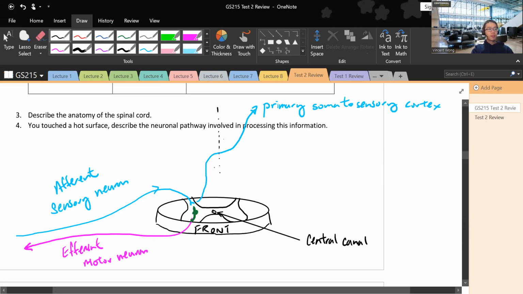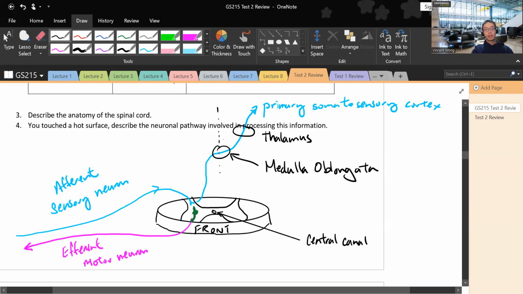Does anybody remember? Yeah. It's going to go through the thalamus as well. Thalamus is going to be like right here. It's going to go through the thalamus. But where are we going to cross? The medulla oblongata. That's correct. Medulla oblongata.